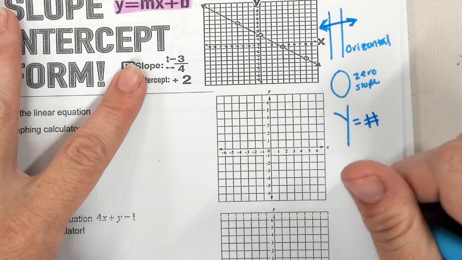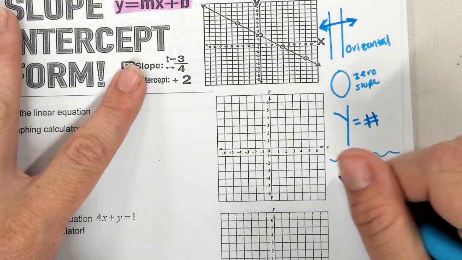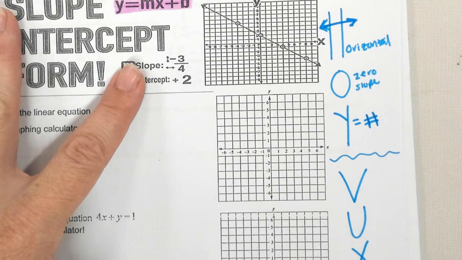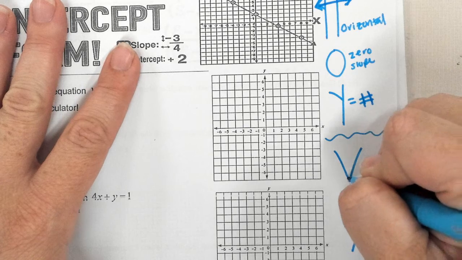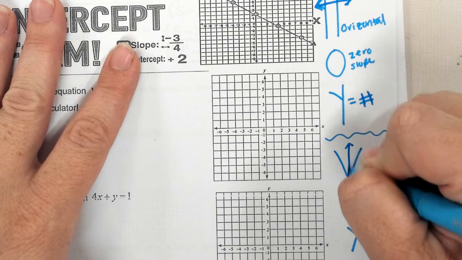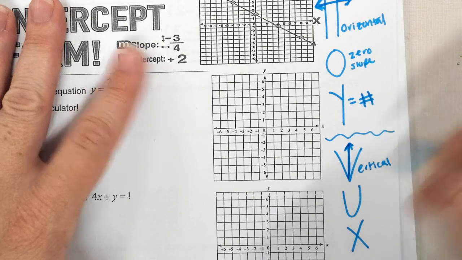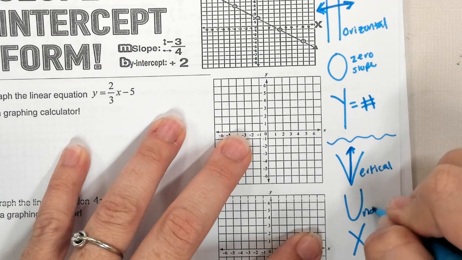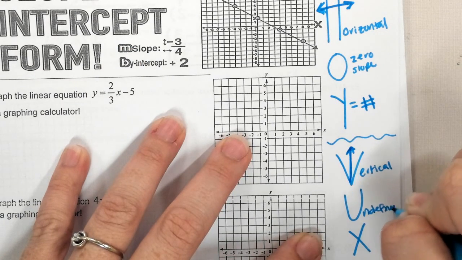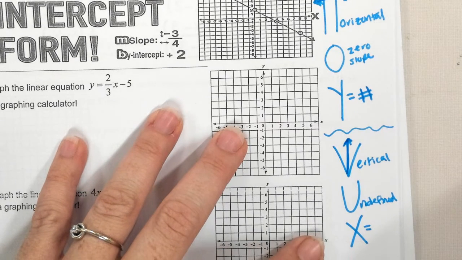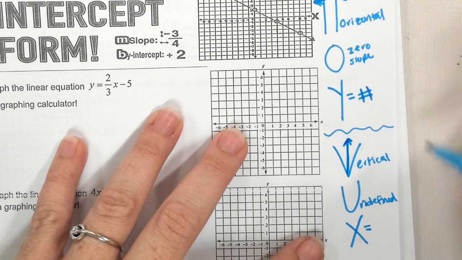And knowing that, we also have Vux. Vux is vertical, undefined slope, x equals equation. Okay? Just a reminder on those.